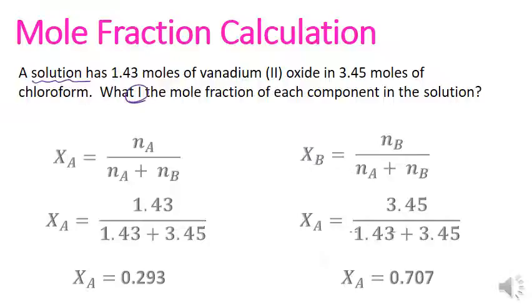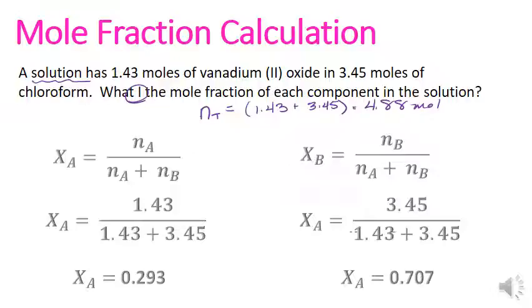Well, we need our total number of moles, N total. How would I get the total number of moles? Add them together. So 1.43 plus 3.45 equals 4.88. It doesn't matter which way you go.